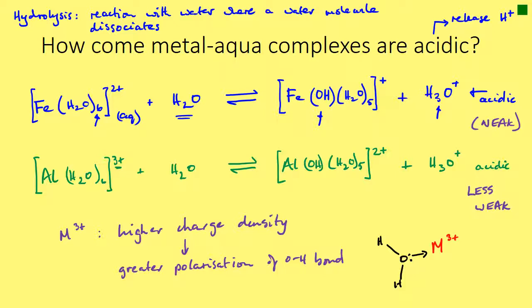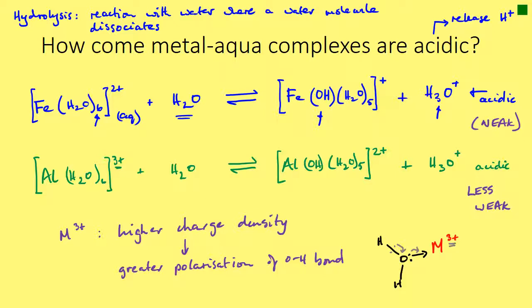So what we're saying is that the electrons in this bond here are more attracted in this direction towards the oxygen, because our 3+ charge has attracted these electrons more towards the metal ion.